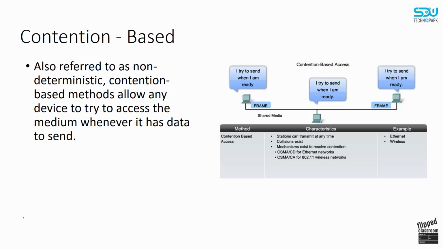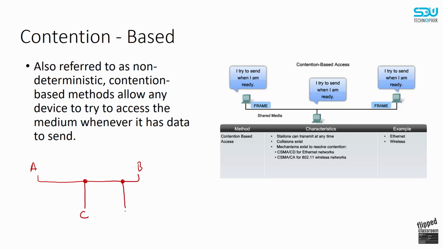Contention-based communication is also referred to as non-deterministic, and the contention-based method allows any device to try to access the medium whenever it has data to send. Let's take a look at an example. We have computer A, computer B, and computer C, which are interconnected by a link, a bus.